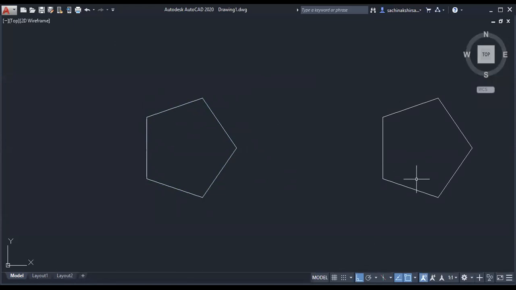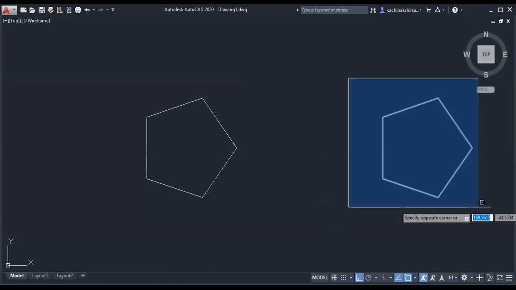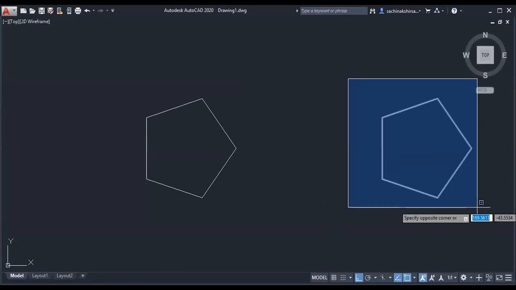In case of a pyramid, we require to find the center of this particular pentagon. How to find the center? Anybody? For this particular pentagon, I want to find its center. How to find its center?